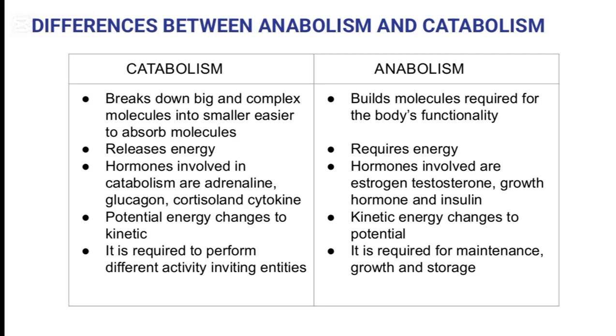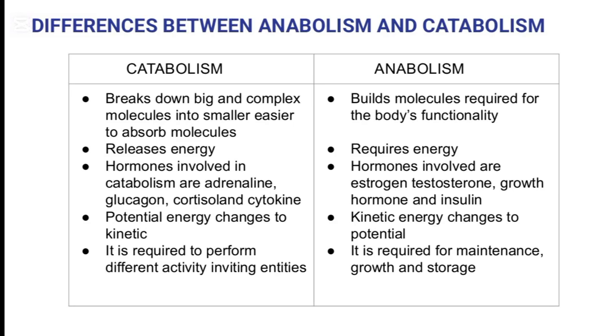Catabolism breaks down and anabolism builds up. Another difference is that catabolism releases energy. Catabolism takes the food that we eat and releases the energy in there, while anabolism requires energy. It requires energy to merge those different small molecules into bigger molecules.